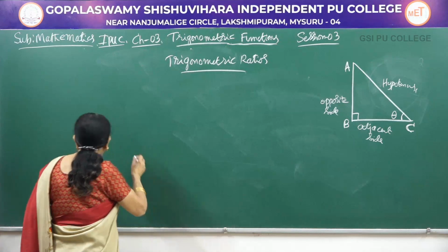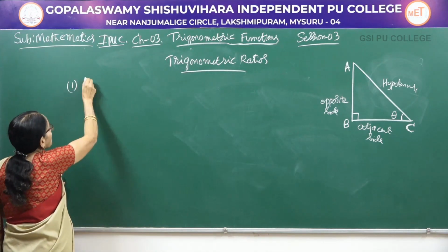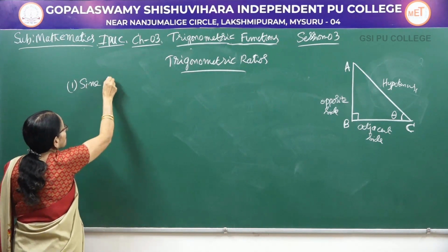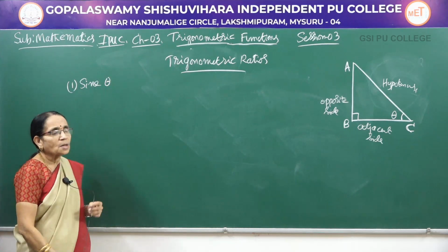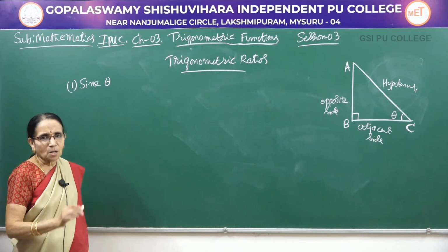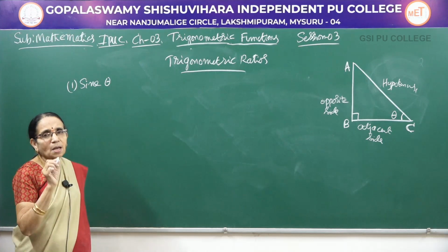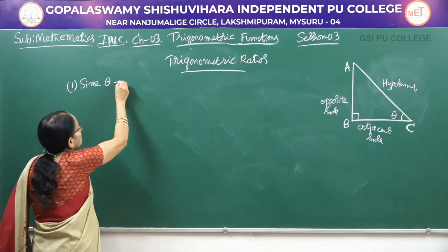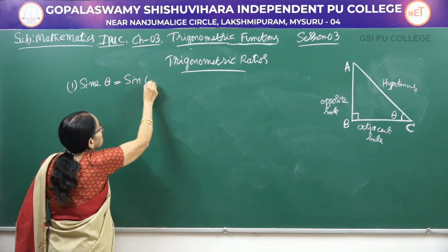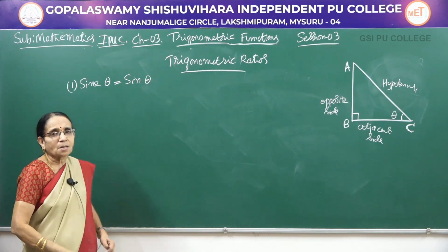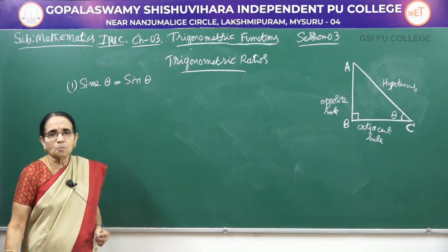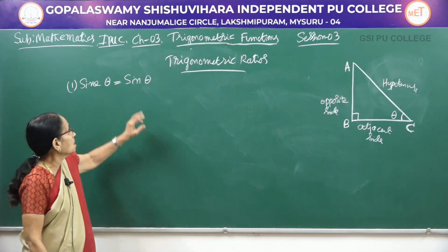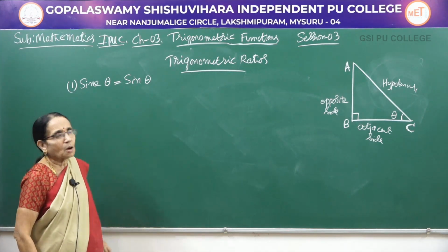Now, with reference to the angle theta, we define 6 trigonometrical ratios. What is the first ratio? First ratio being sine theta. We read it as sine theta, but when you write it, we take only the first 3 alphabets, that is sin theta. It has to be pronounced as sine theta only, but we write only the first 3 alphabets.